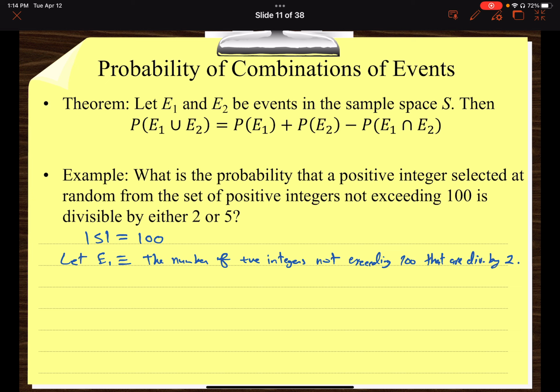Okay? Let E2 be the number of positive integers not exceeding 100 that are divisible by 5.